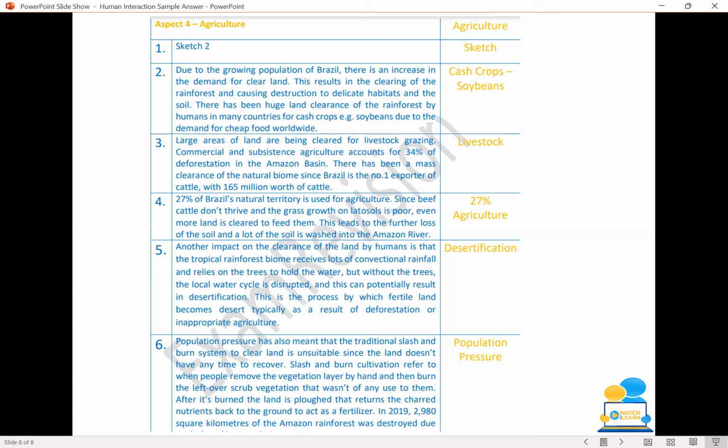But if you can use this in your studies, this should be very helpful for you. And even the way that this answer is written out in terms of the numbers system, it's a good way for you to write out your answers and practice. As I said, even for your 30-mark essays and the other sections of the paper, writing out your 15 SRPs, numbering them, can be a good way to ensure that you're getting enough SRPs into your answers.